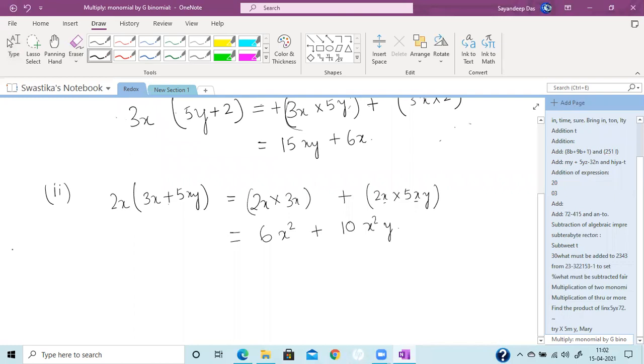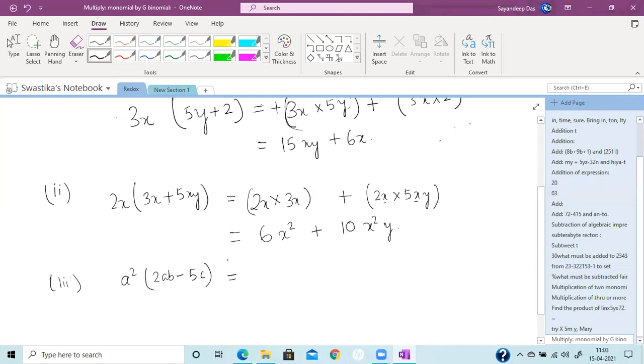Similarly, let us solve one more problem like this. Let us multiply a square into 2ab minus 5c. Now you see what is the significance of multiplying the signs here.